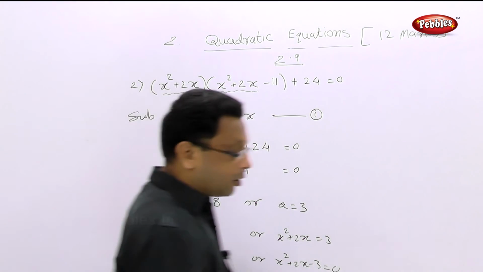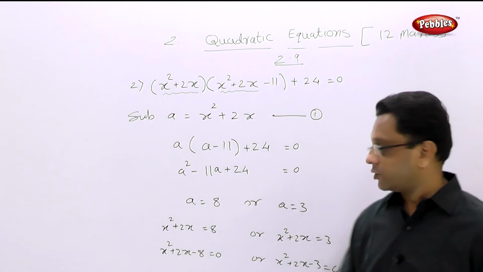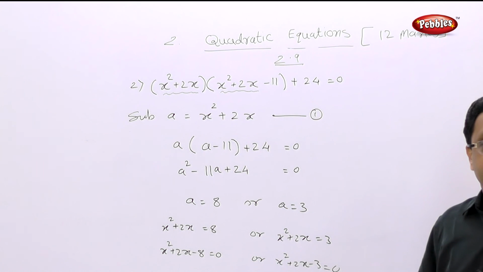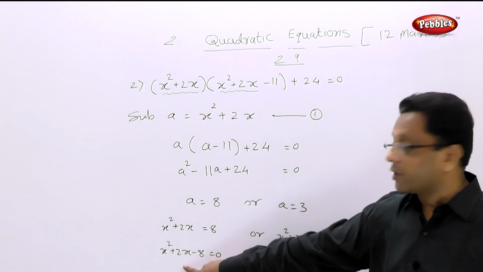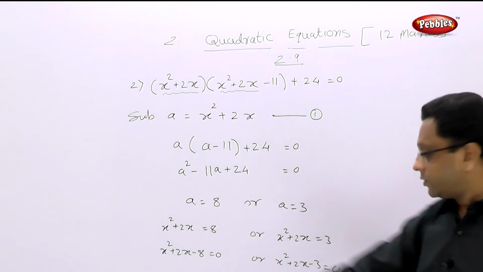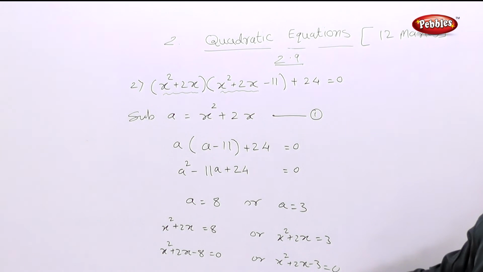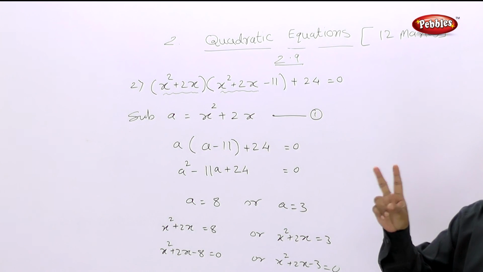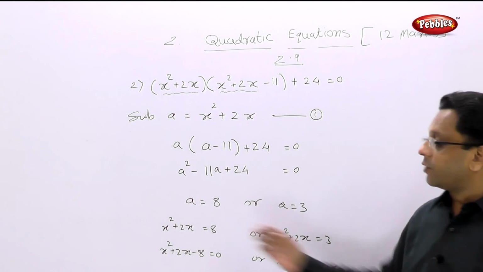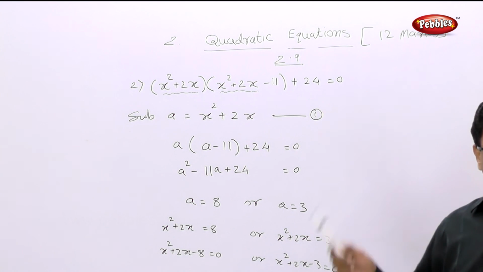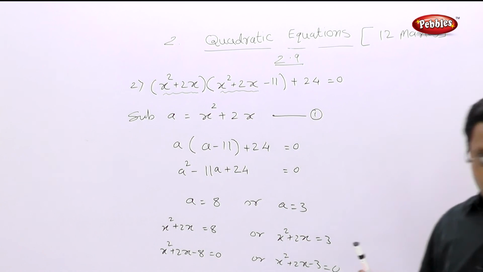Now ultimately you have got two more quadratic equations which we have to solve. When you solve each quadratic equation, you will get two values of x. Now pause your video and solve these two equations and find out the final four values of x. Pause the video now.